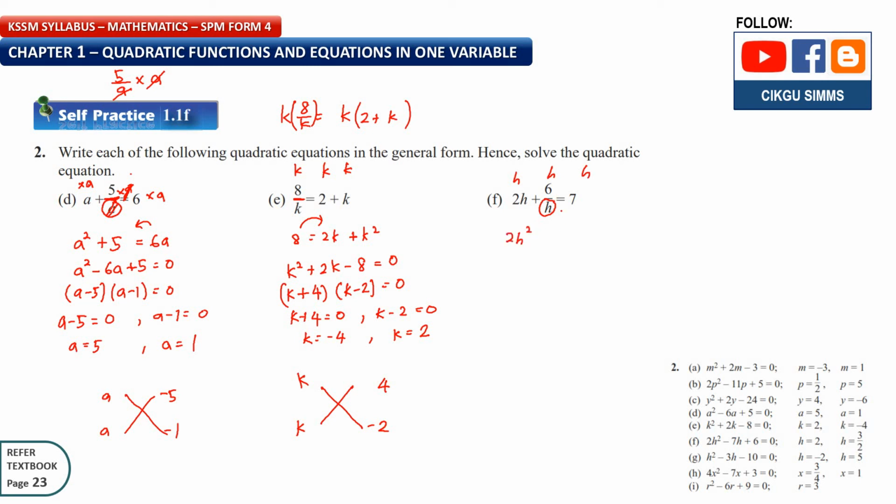It becomes 2h squared plus 6 equals 7h. Okay, so we put them in the bracket.